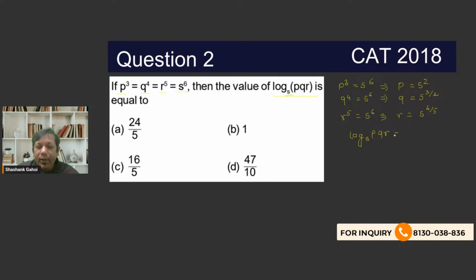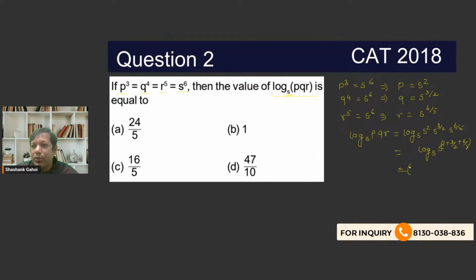So from here we are going to get log s. p is s square, q is s power 3 by 2, r is s power 6 by 5. Okay. So what I'm going to get is log s power 2 plus 3 by 2 plus 6 by 5. Okay, so this power is going to be in the product.